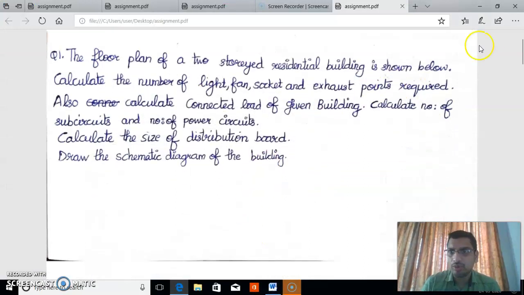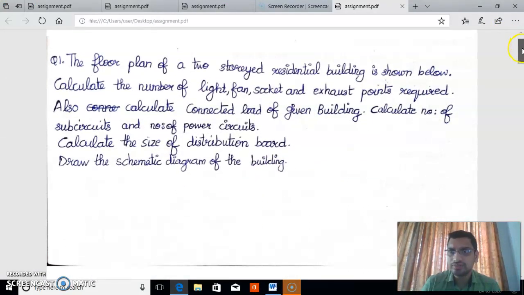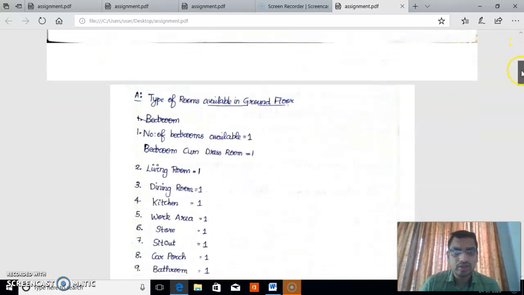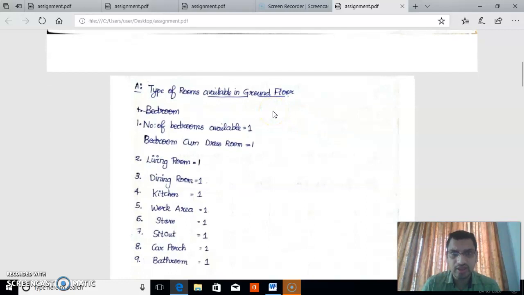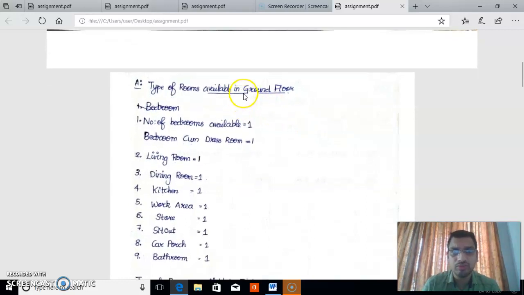Now the same problem here. The type of room available in ground floor, that we already discussed. In ground floor we have one number of bedroom. That bedroom is bedroom cum dressing room, that is attached with the bathroom.